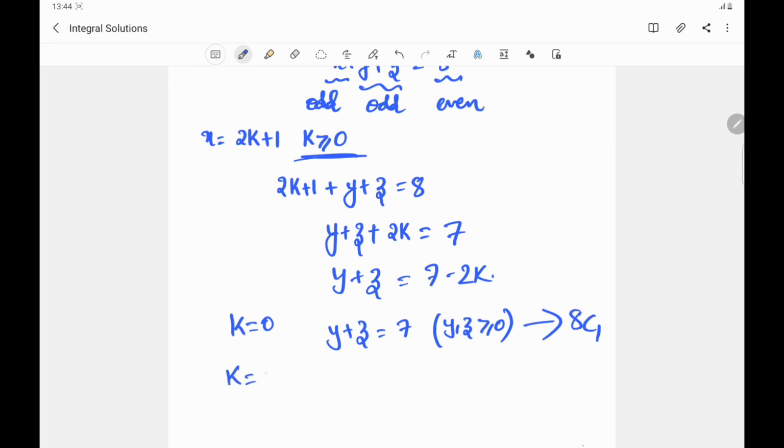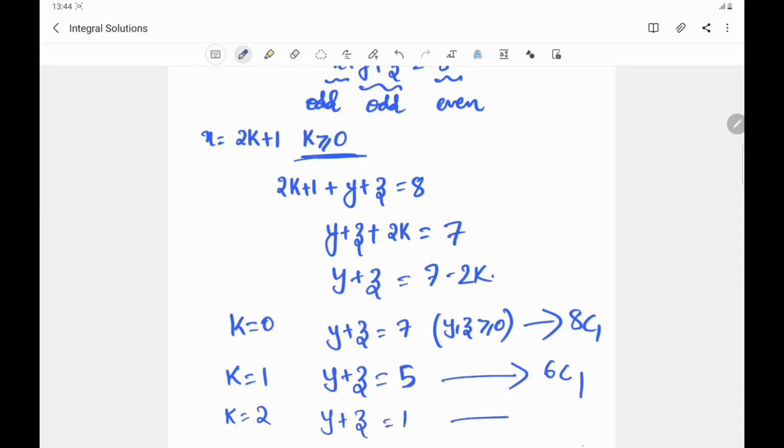Similarly, when k is equal to 1, y plus z is equal to 5. Then this solution is nothing but 6C1, and when k is equal to 2, y plus z would be equal to 3. So the solution is 4C1.